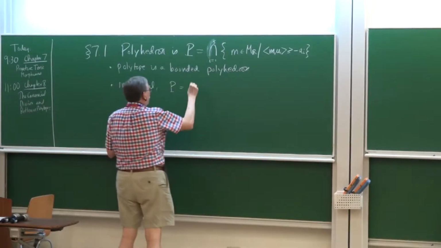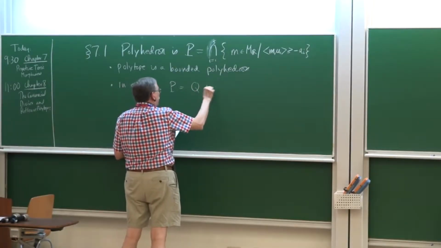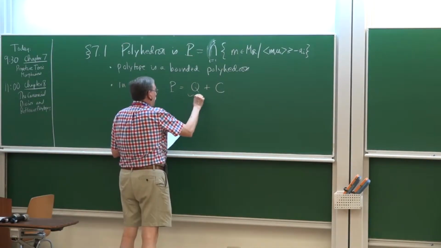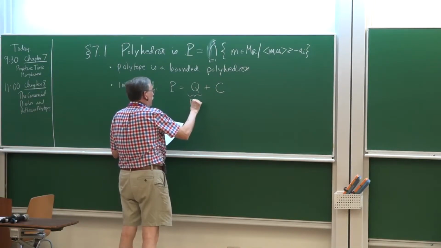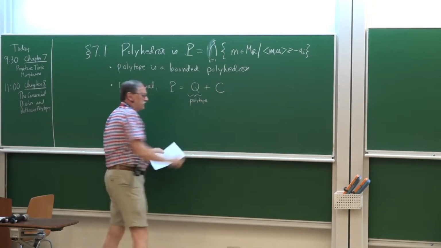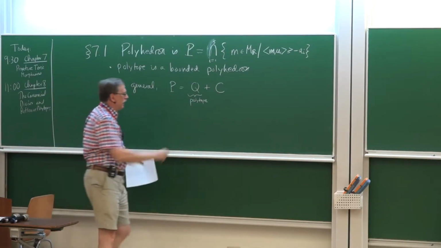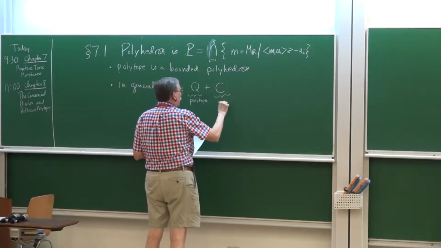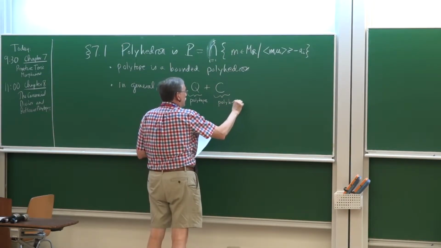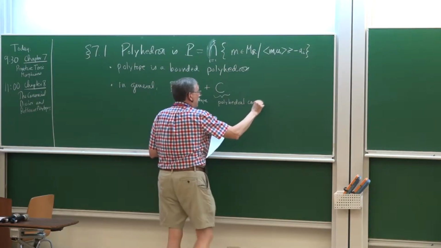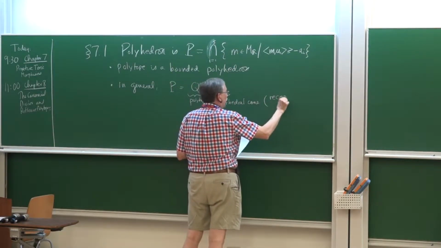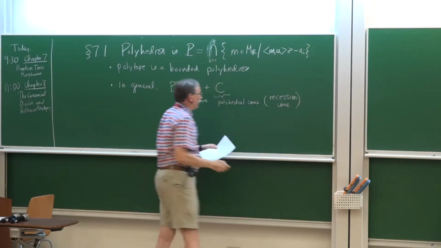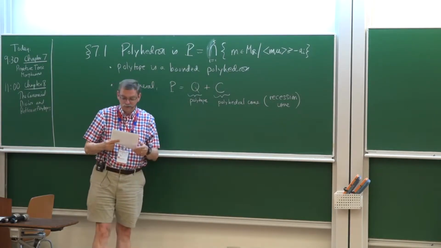A polyhedron can be written as a Minkowski sum, where this is an actual polytope. So there's our bounded part. And then this is the part that goes off to infinity, and this is simply a polyhedral cone. It's sometimes called the recession cone. So basically this tells you how it goes off to infinity.